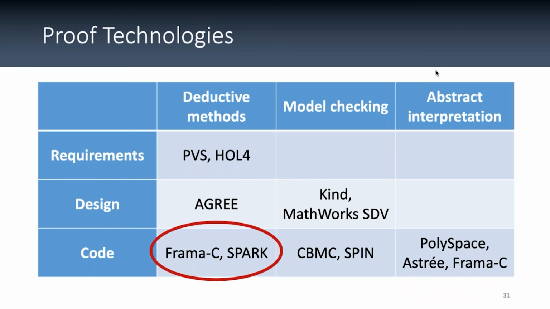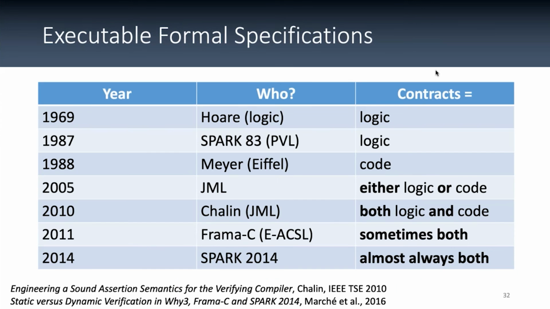There are others in that area, in particular Frama-C, which is applied to C code. And something that we share with Frama-C is the intent to always be able to execute contracts, so annotations. So that's when you specify something, you can also test it and debug it.